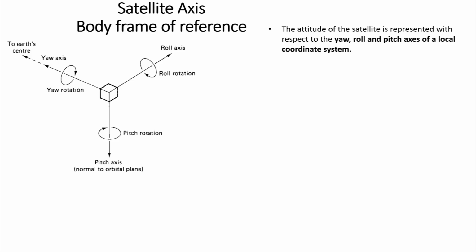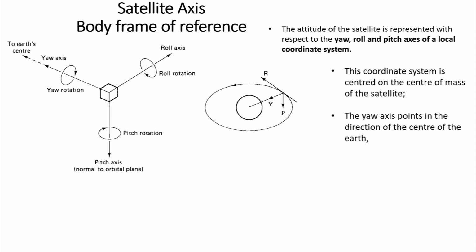I will explain what each axis means for a spacecraft or satellite. In this figure, this is the orbit and the Earth. Consider any point on the orbit and connect it to the center of the satellite. This axis is called the yaw axis. The yaw axis points in the direction from the satellite center to the Earth.